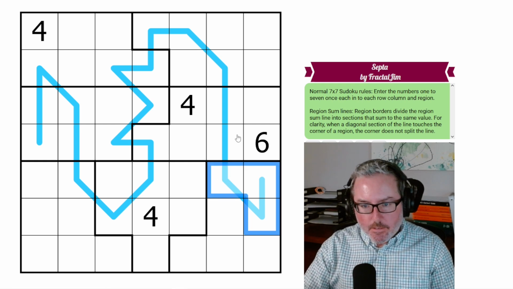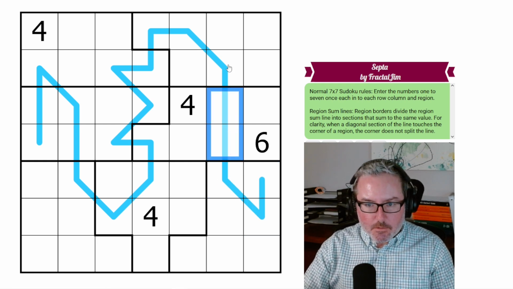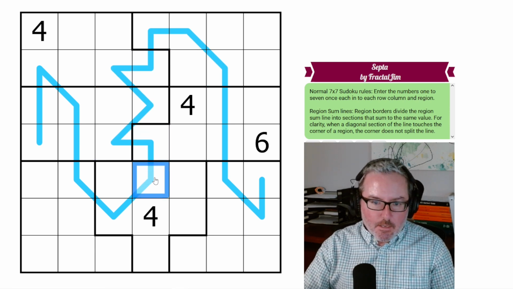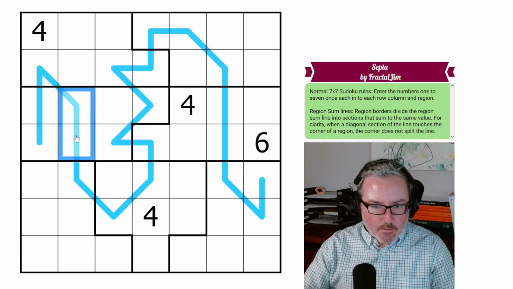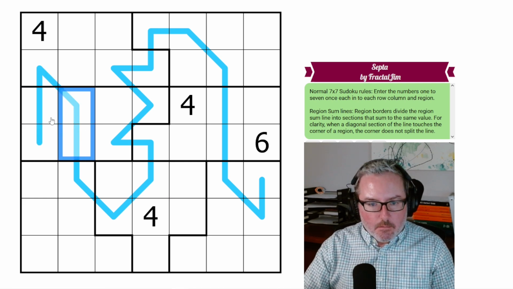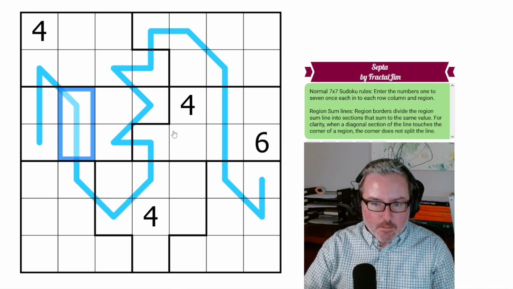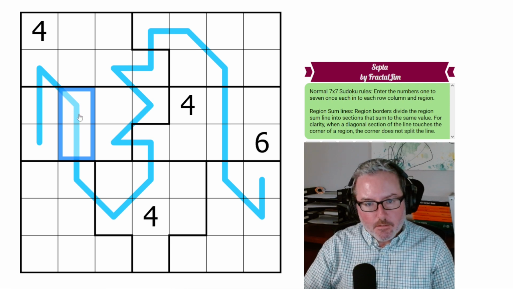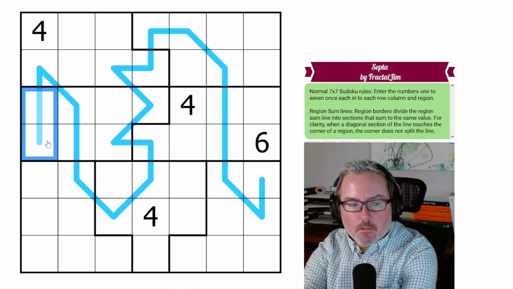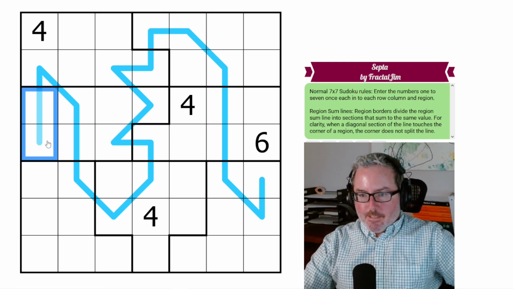So this one here must be added, whatever this adds up to, this adds up to the same thing, this adds to the same thing, this, and this. Now in this instance right here, these two do add up to the same value as all these other ones do, even though they're in the same region, because it comes into the region, goes out of the region, then comes back in again. So those are the rules, and it's a 7x7.